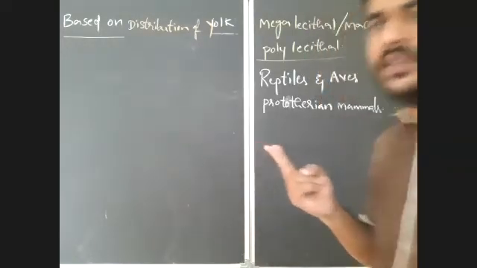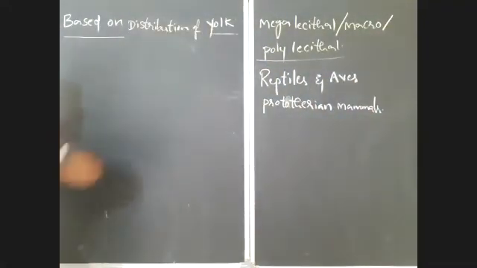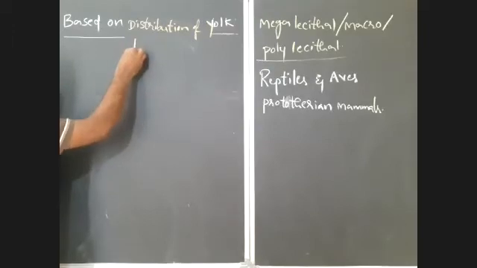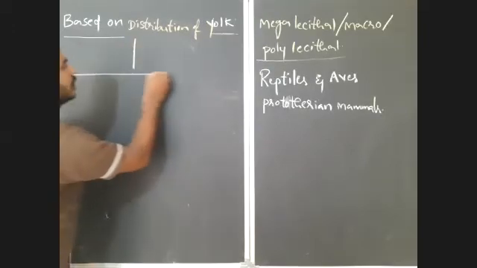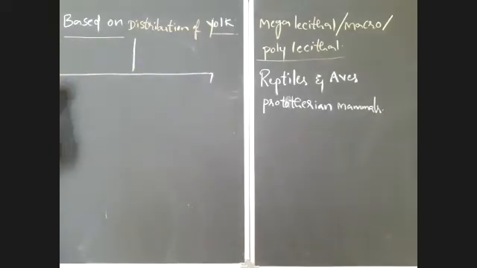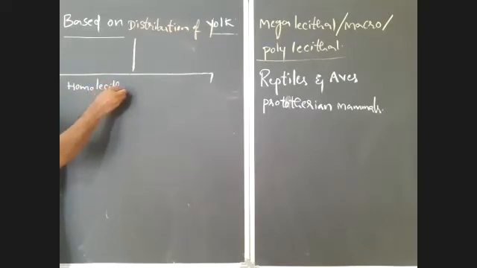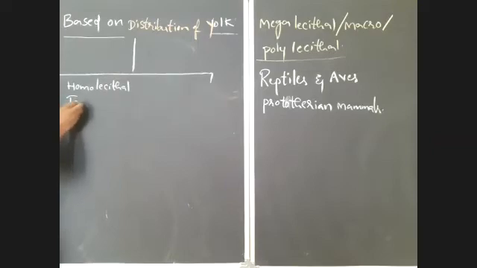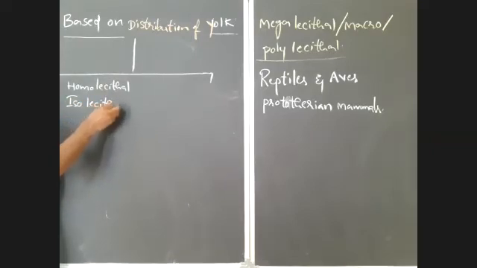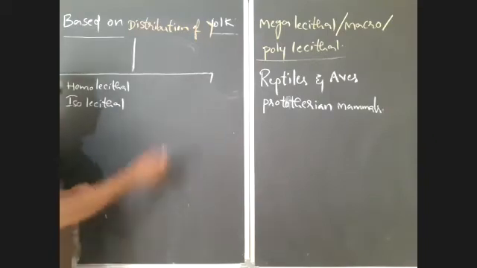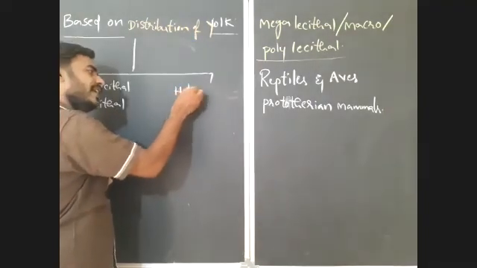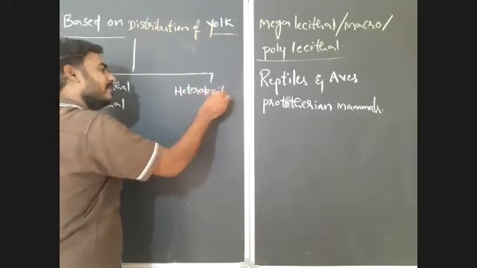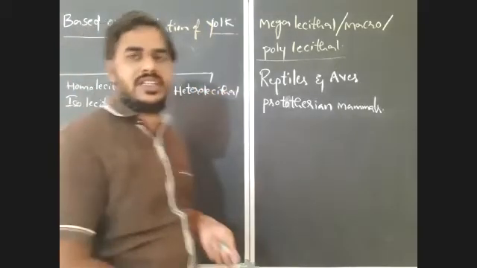There are 2 types: homolethal or isolethal eggs, and heterolethal eggs.